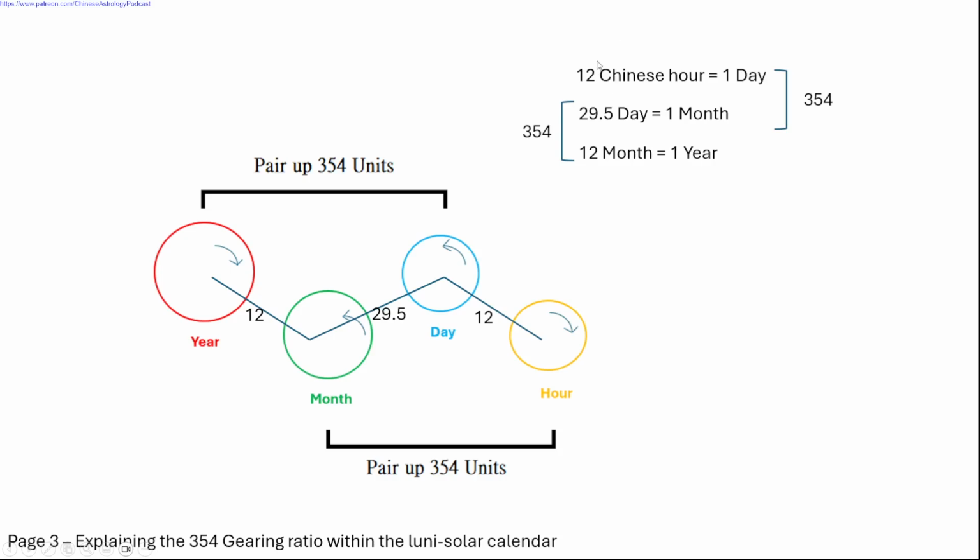So these 2 factors, 12 times 29.5, become 354, and when 12 months equals 1 year, these factors 29.5 times 12 equal 354. So the gearing ratio of this system is 354, because every time it pairs 12 times 29.5.